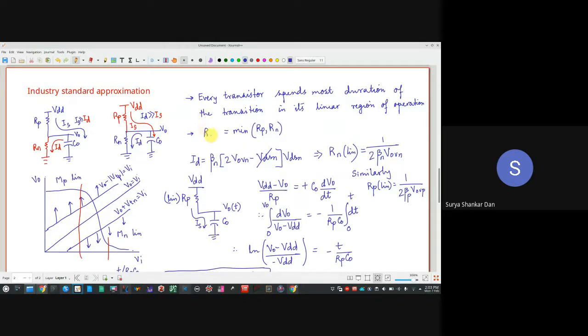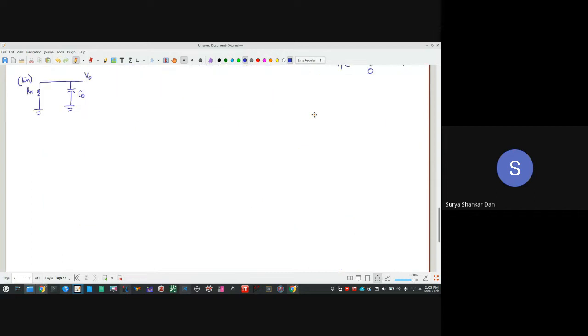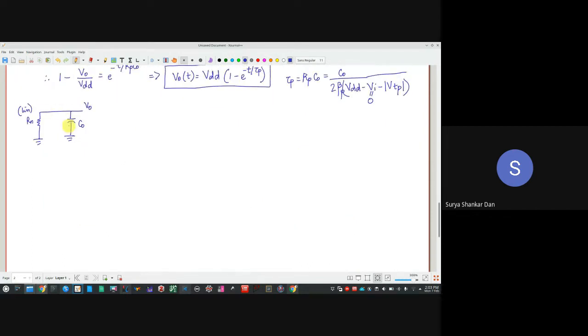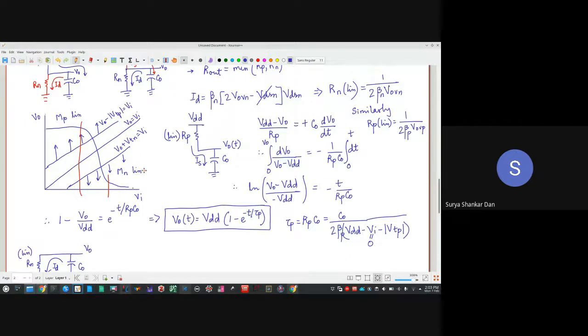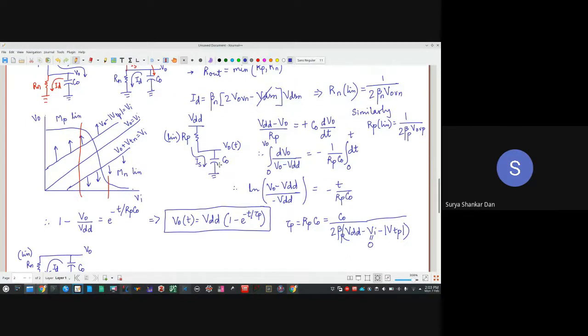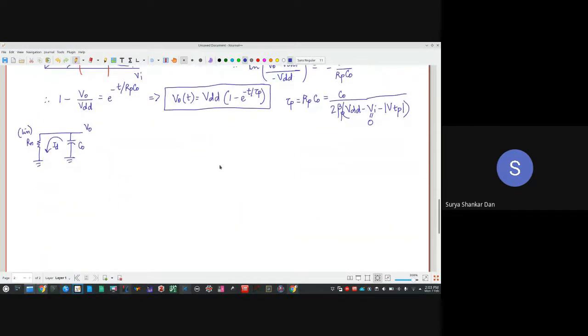Let me just call it R out, maybe. I'll call it ID because it is now the drain current of the N MOSFET. Here we wrote IS because it is the source current for the P MOSFET. Okay, right. So what is the case here?